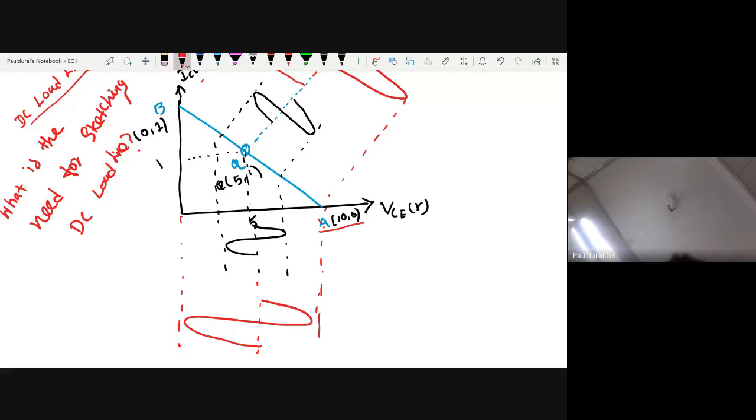The maximum output voltage is given by this range, right? This is my maximum range. What is the amplitude of this sine wave, maximum? How much? Anyone? Are you with me?